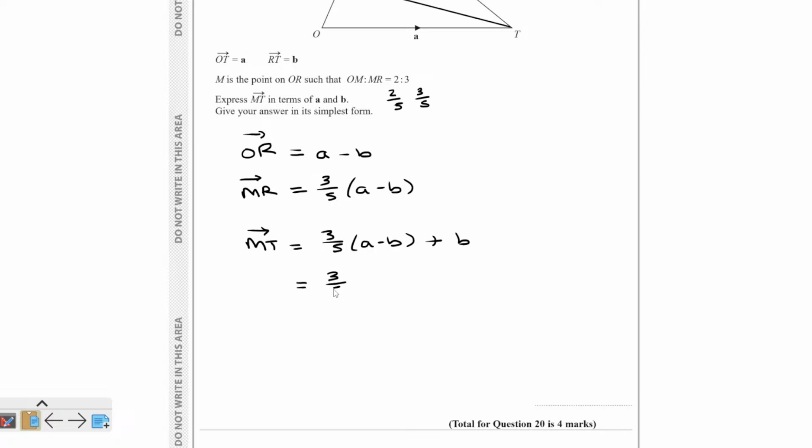So expanding that would be 3/5 A minus 3/5 B plus B. And then you just have to work out minus 3/5 plus 1. That's effectively a 1B there, isn't it? So 3/5 A plus 2/5 B. Okay, that's the simplified answer. That is literally your answer there.